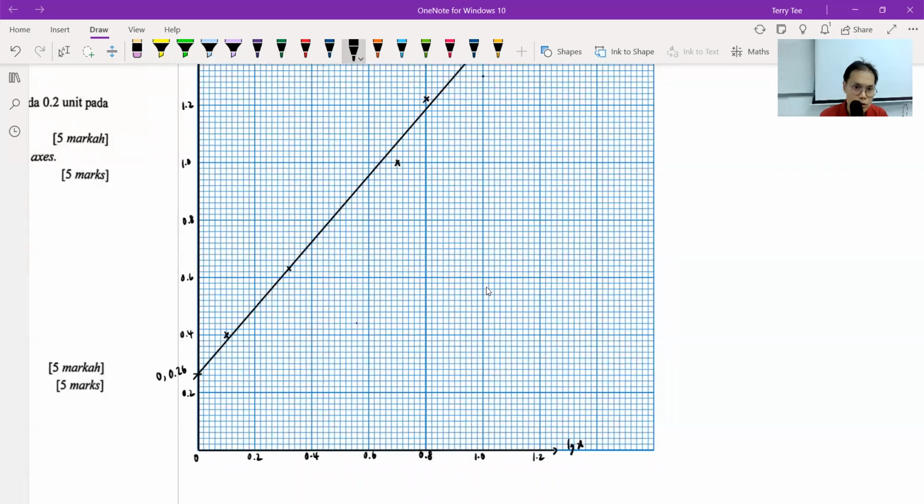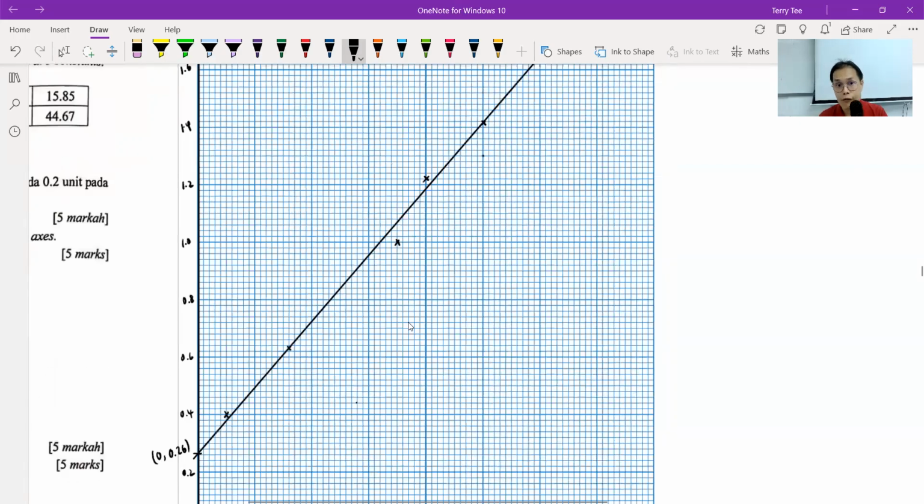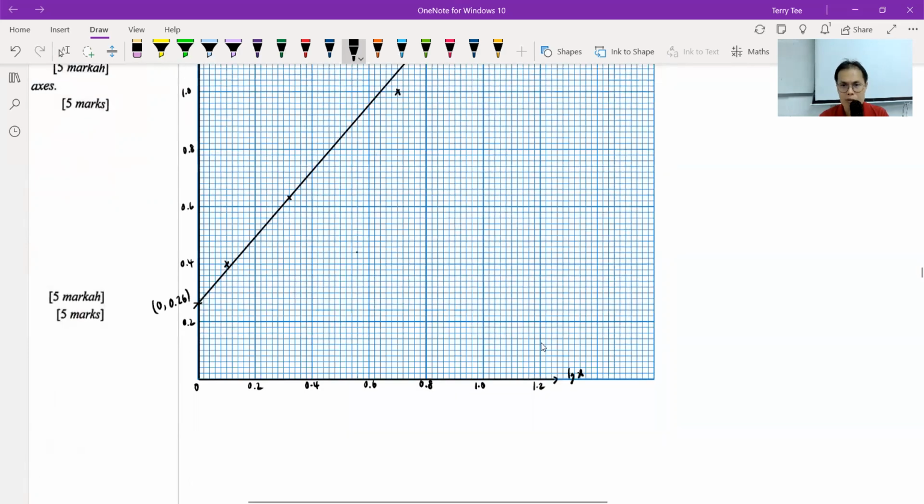So your coordinate is 0, 0.26. Okay. And now to find the gradient, we need a second point. So for me, I use 5 boxes. I go horizontal 5 because any number divided by 5 is a nice number. So I'm going to pick this point here, which is 1 and 1.41.